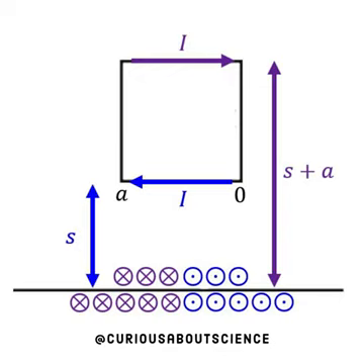We know that the separation distance from the bottom part of the loop is S, and then the top part of the loop is S plus A because the length is A. Let's also note that in the blue case 0 to A runs from left to right following the current. So we're going to keep that same attitude when approaching the top loop, 0 to A, in the same consistency.